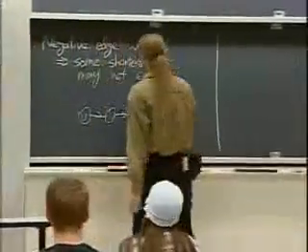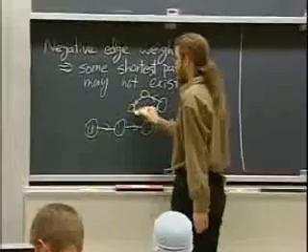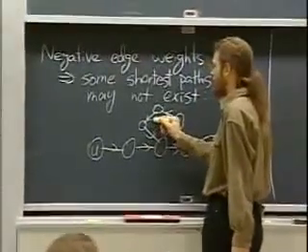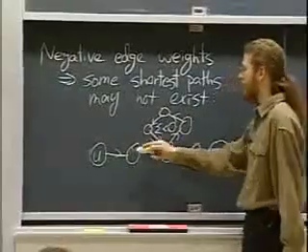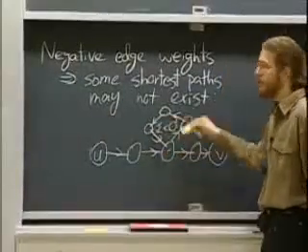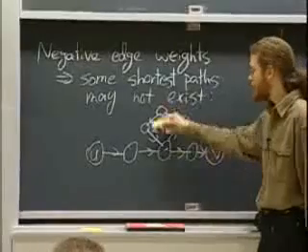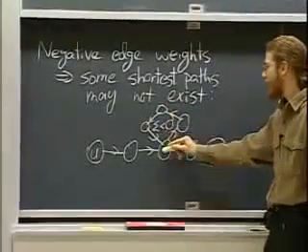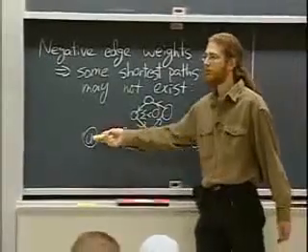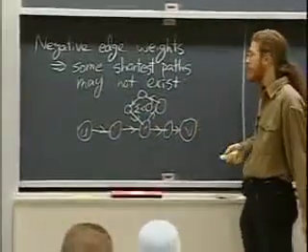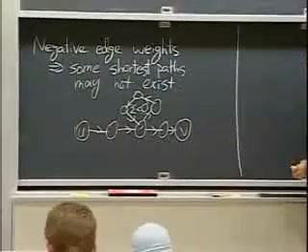Then you can go around it. So if I can find a cycle somewhere along here whose total weight, the sum of all the weights of these edges, is negative, then as long as I get there, I go around as many times as I want. I keep decreasing the weight because the weight is negative. I decrease it by some fixed amount, and then I can go to V. So as long as there's a negative weight cycle reachable from U that can also reach V, then there's no shortest path.